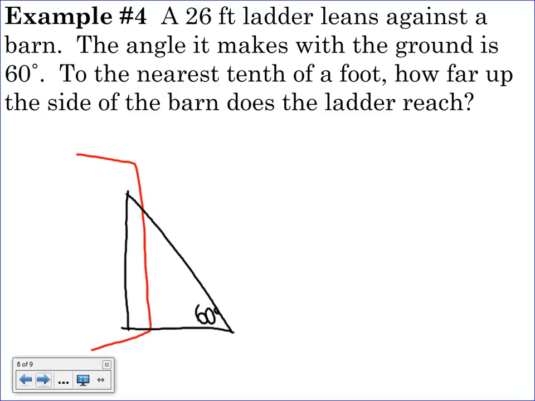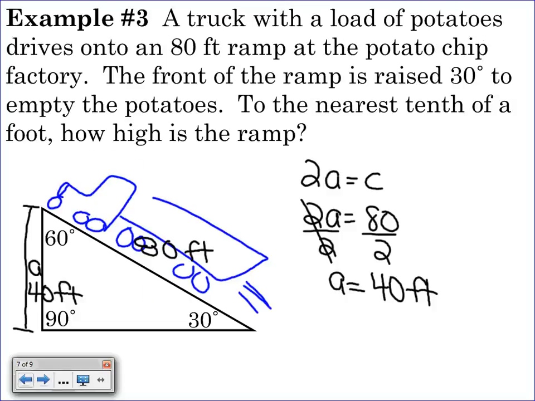Again, where any building meets the ground is a 90-degree angle. Every triangle has 180 degrees, so 90 plus 60 is 150. That means this is 30. So now this triangle is oriented a little bit differently than all the other examples we've done. All the other examples had 30 over here, 60 here, 90 here.